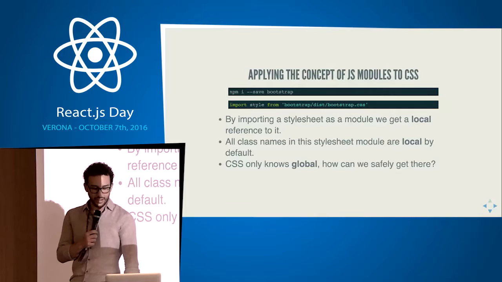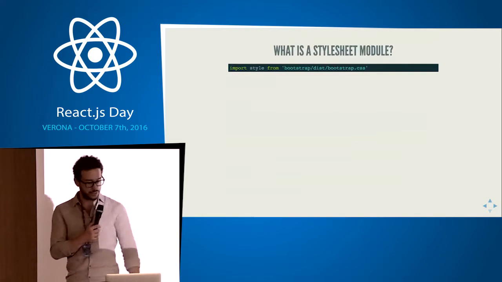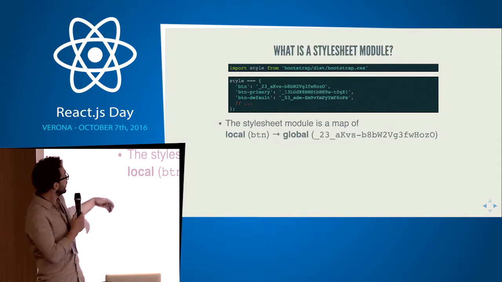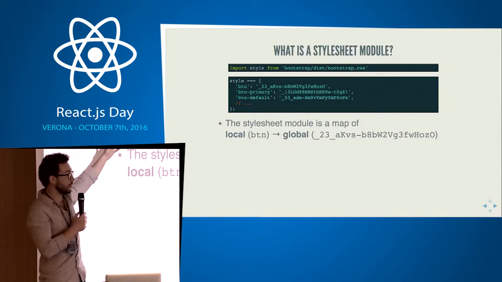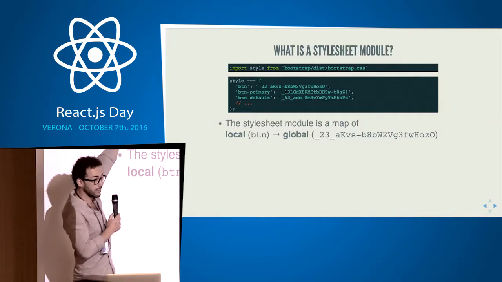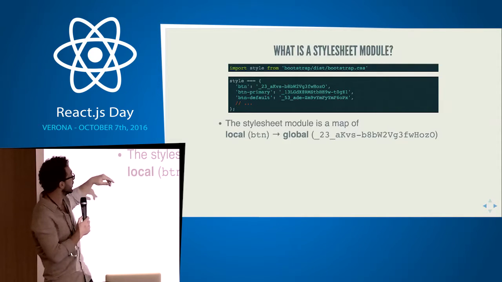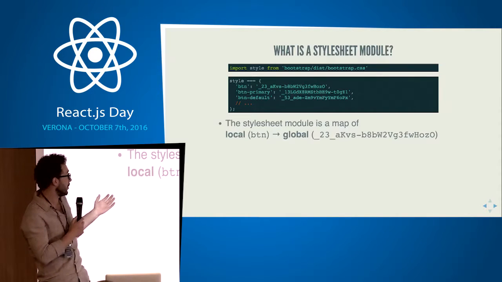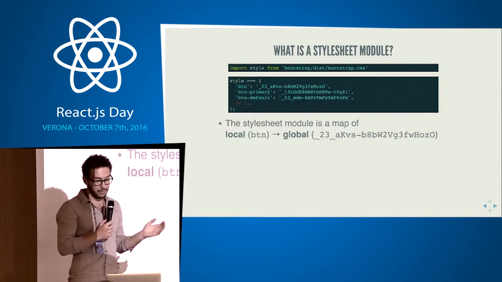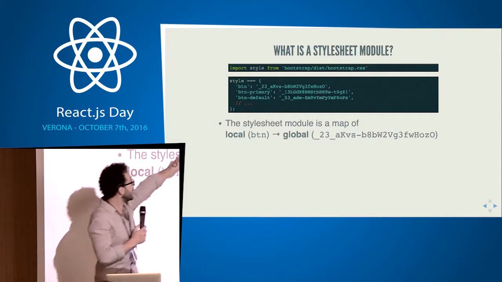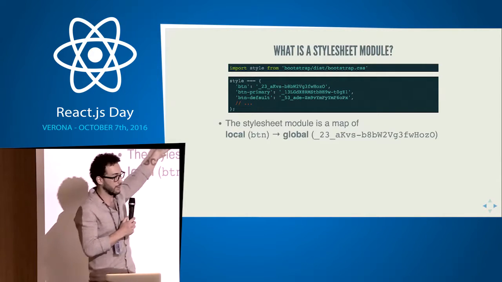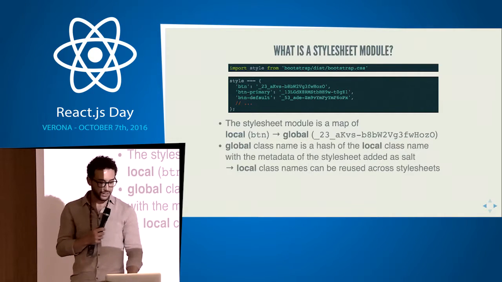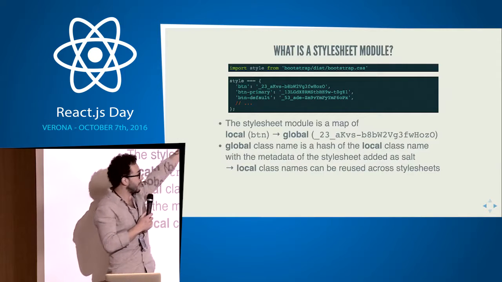And how does it actually look when importing such a CSS file? Well, the style sheet module that you get is just an object with a mapping from your local class names, like button primary, to this weird looking random number. And this will be our global class name. So the chance that there's a conflict is very minimal, right? But in fact, this one is not really random.